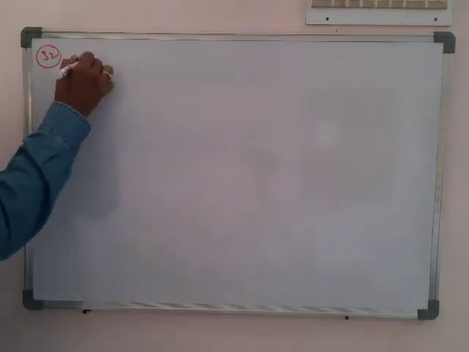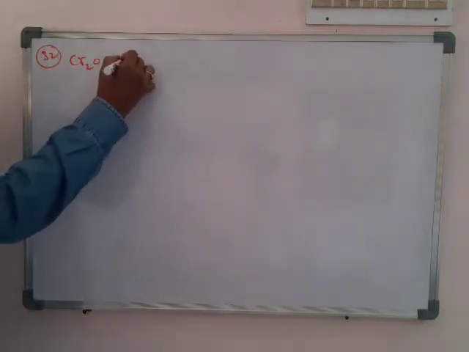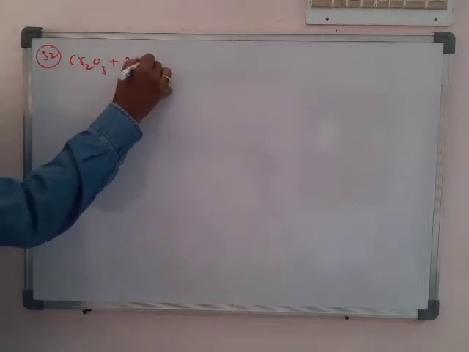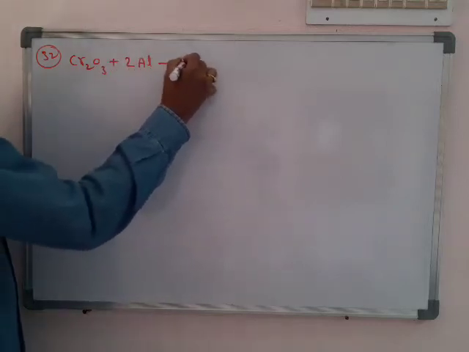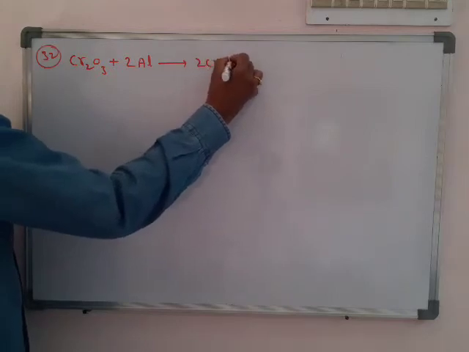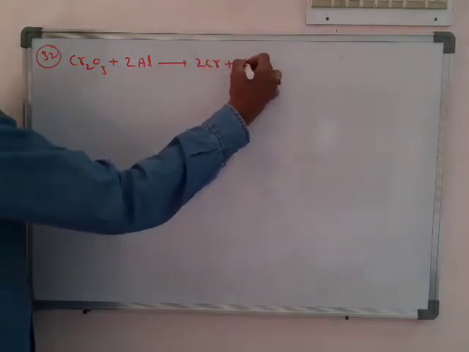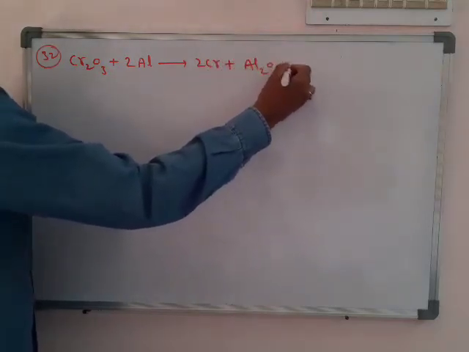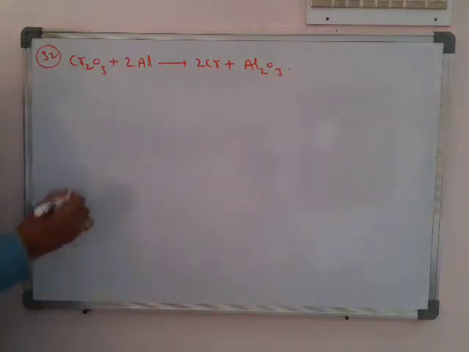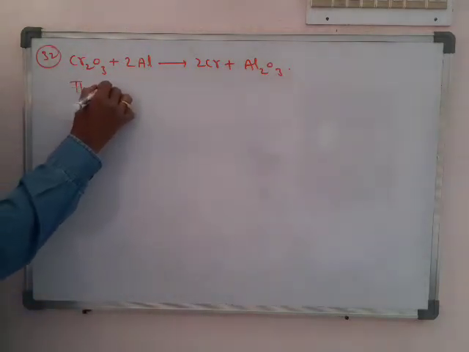Okay, so see the next question, that is question number 32. A reaction is given, Cr2O3 with aluminium. I think the balanced equation is already given, with Al2O3. You have to find the reducing agent in this reaction.